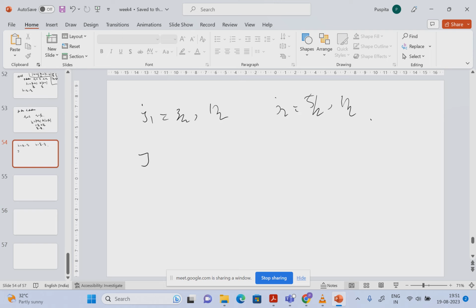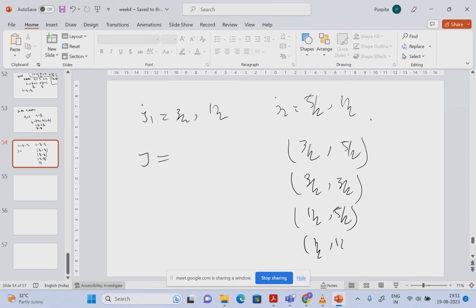Now we couple j. So the combinations that can form are 3 by 2 and 5 by 2, 3 by 2 and 3 by 2, half and 5 by 2, half and 3 by 2. That gives 3 by 2 plus 5 by 2, which is 8 by 2, that is 4, to 5 by 2 minus 3 by 2, 1.